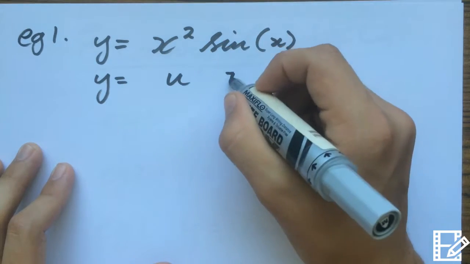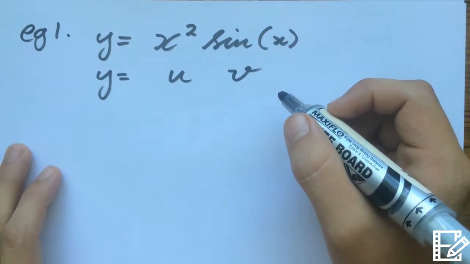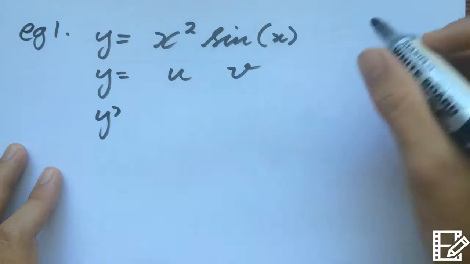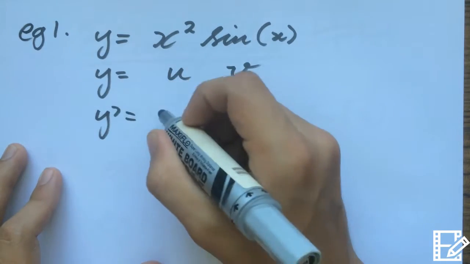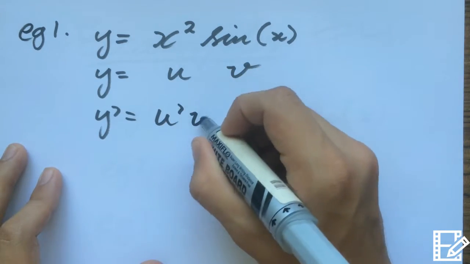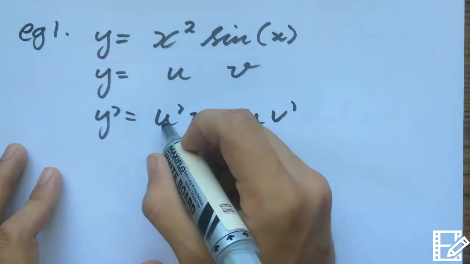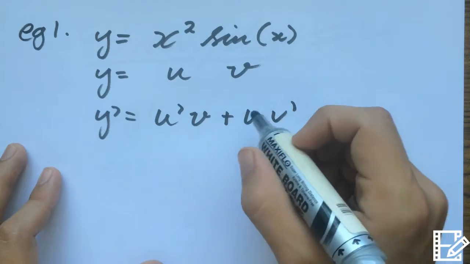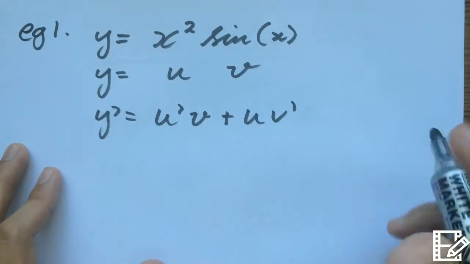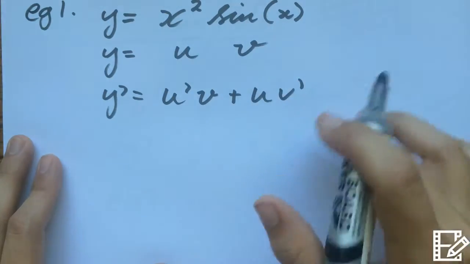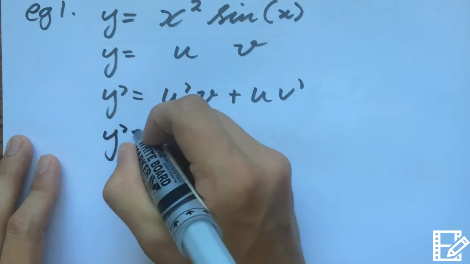We have our u and our v, just like how we would with proper notation, but I'm going to skip writing it all down, and I'm just going to write out the quick method, which is u dash v plus u v dash. Basically it says the derivative of u multiplied by v plus u multiplied by the derivative of v. And we're just going to do it as we come up to it.